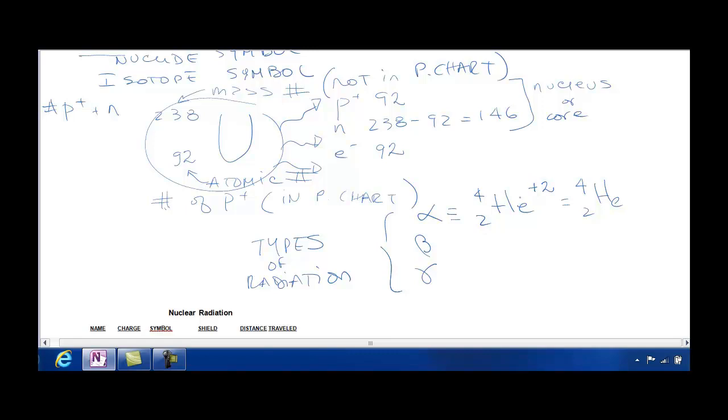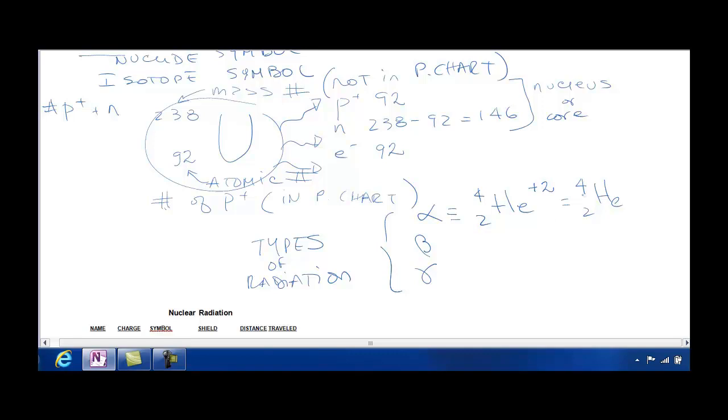Okay, we're just not going to write the +2 because it's cumbersome to write all these exponents and pluses and minuses over and over and over. Okay, so the name for alpha, Greek letter alpha, could be equated with He for helium 4,2.